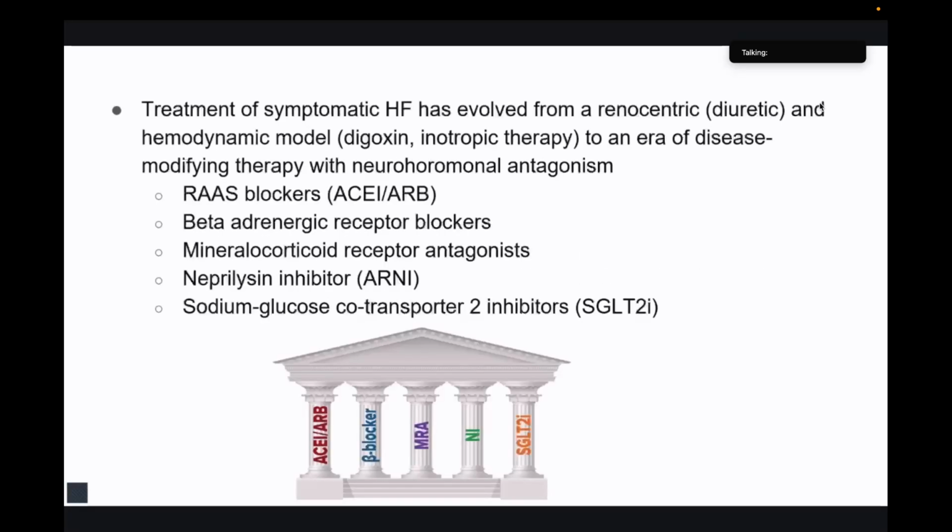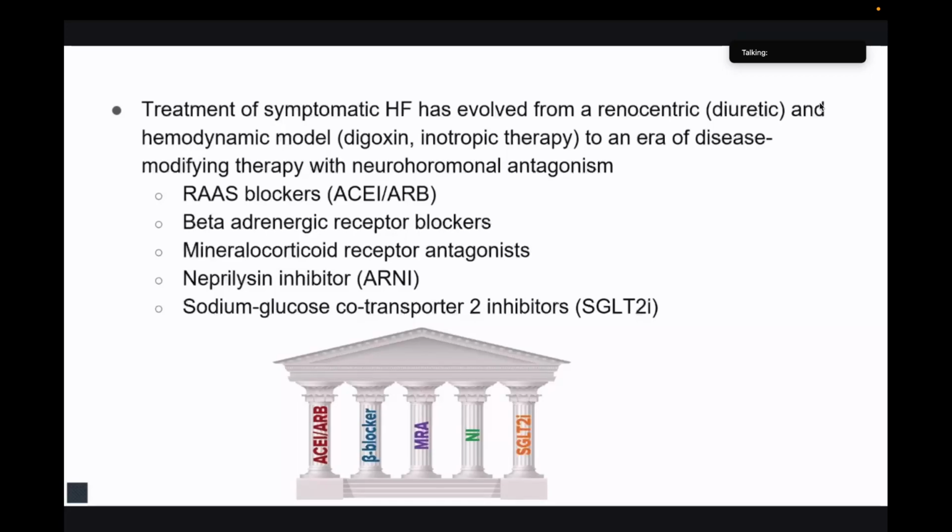Now we go to the management of patients with reduced ejection fraction, HFrEF patients. The treatment of symptomatic heart failure has evolved from the renocentric model, the use of diuretics, evolved from the hemodynamic model using digoxin inotropic therapy, to an era of disease-modifying therapy which are neurohormonal antagonists.